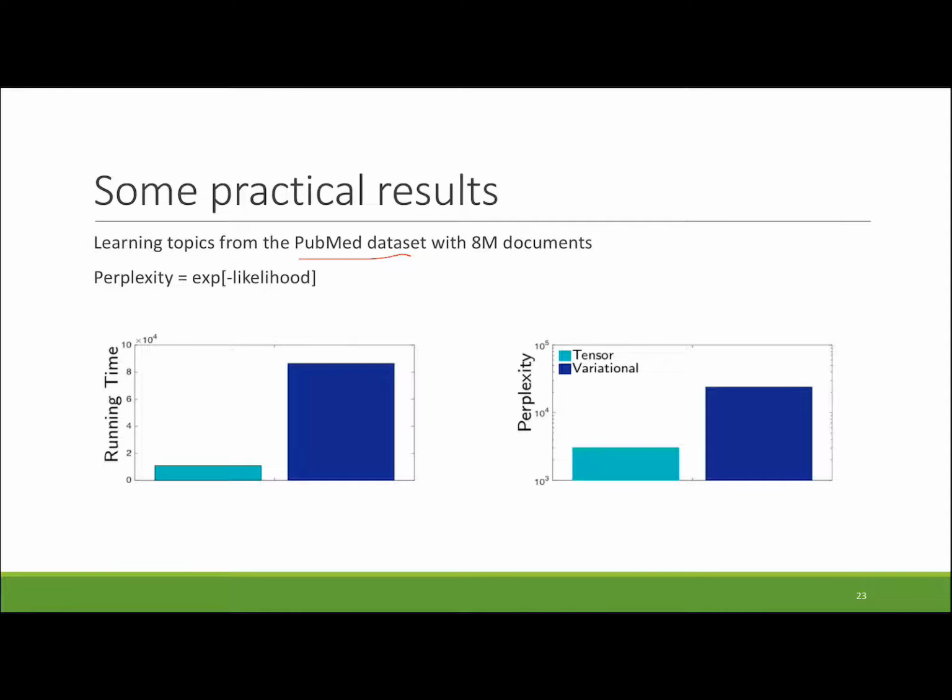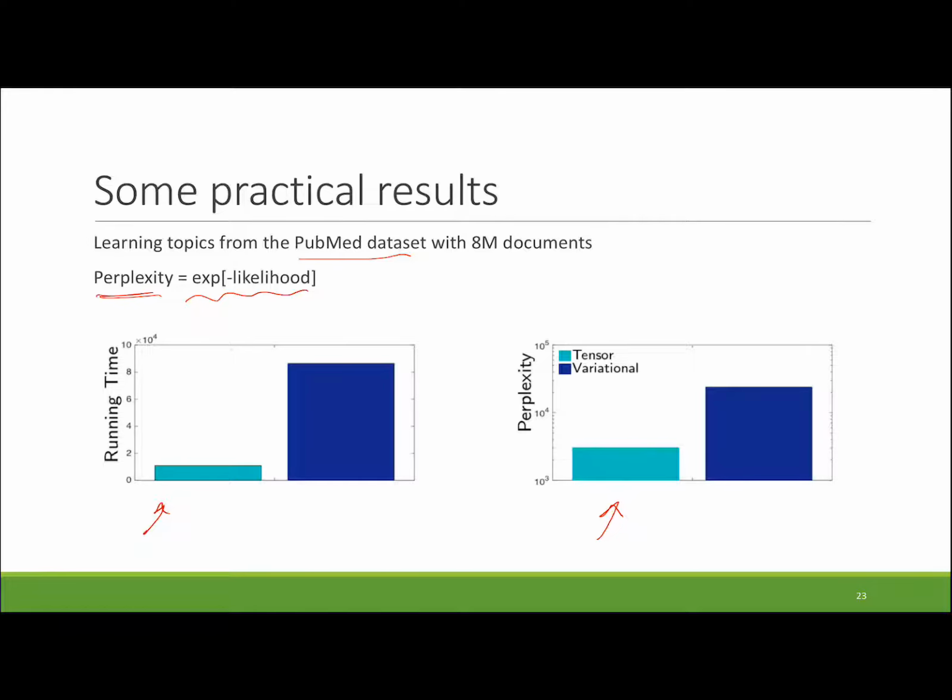And we use perplexity, which is often used in topic models, to assess how well we are modeling our data, which is e to the minus likelihood of the held out data. And so this is the runtime. You can see that it's much faster than variational inference. And this is the perplexity. We can see that it is not only faster, but also results in better perplexities.